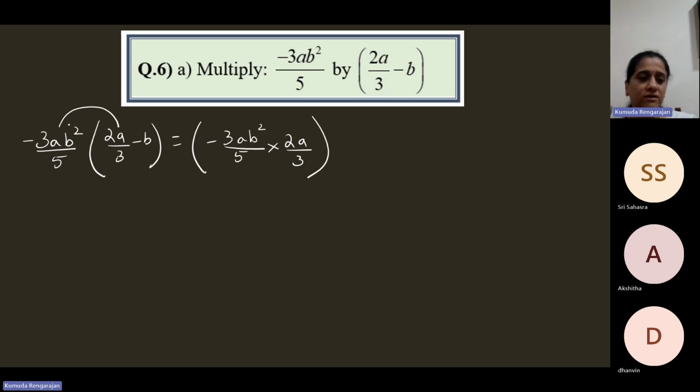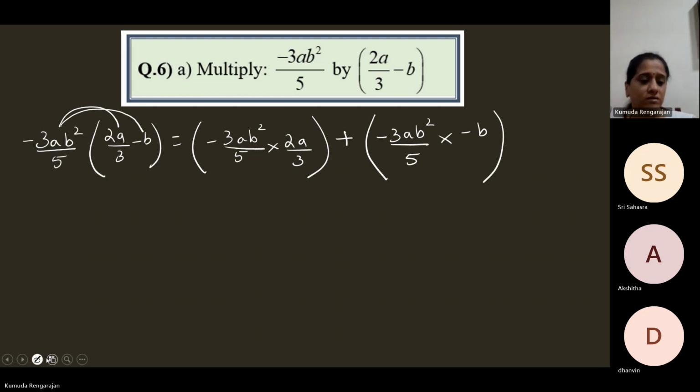Close the bracket. Then take a plus sign in the middle, and then minus 3ab square by 5 into minus b. Please observe what is written. This into this in the first bracket. Connecting sign plus. And this into this in the second bracket: minus 3ab square by 5 into minus b.